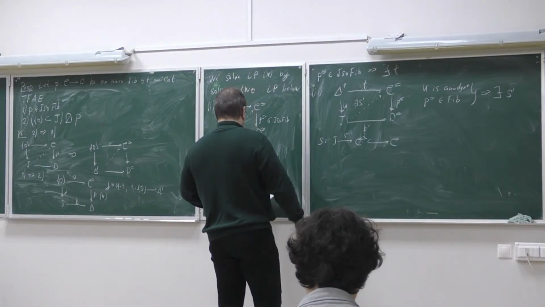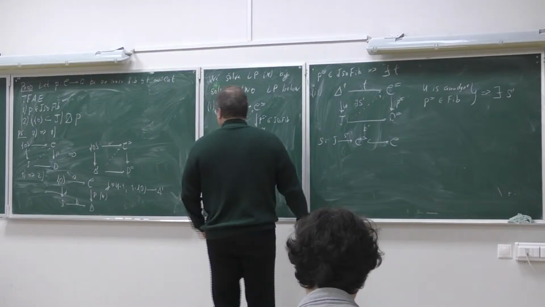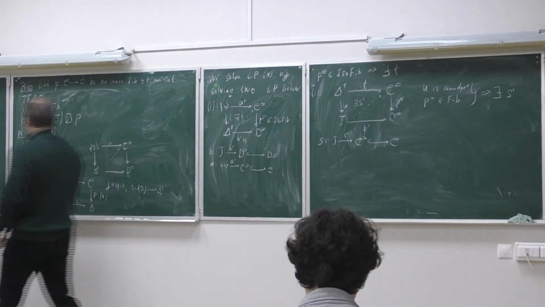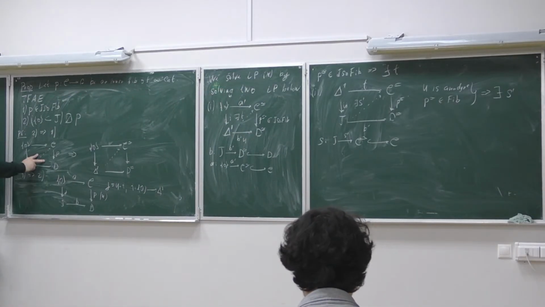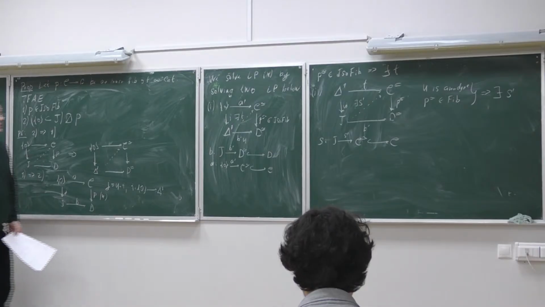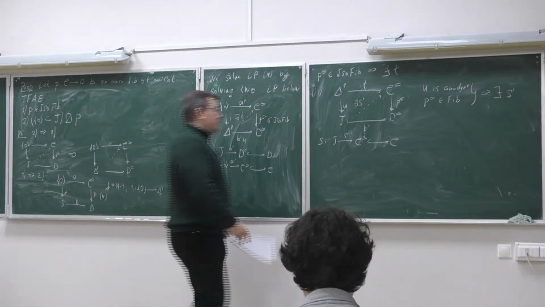So now I just need to verify that this is indeed the solution of this lifting problem, that these two triangles are commutative. But this follows from the commutativity of some triangles that I have.